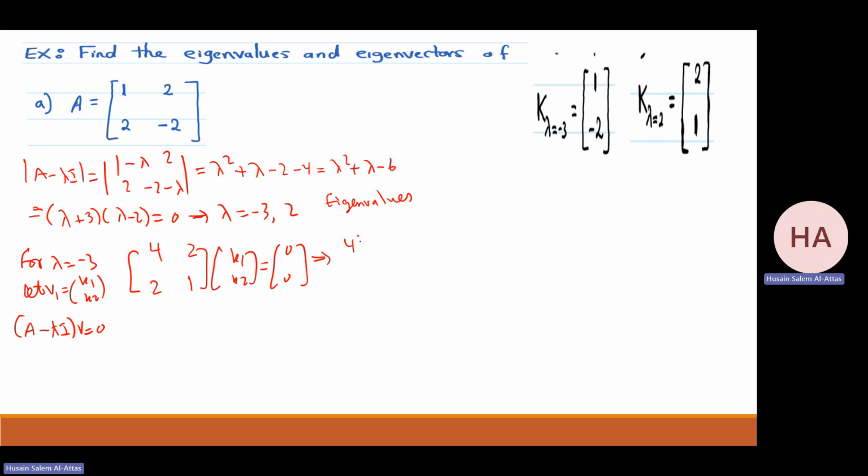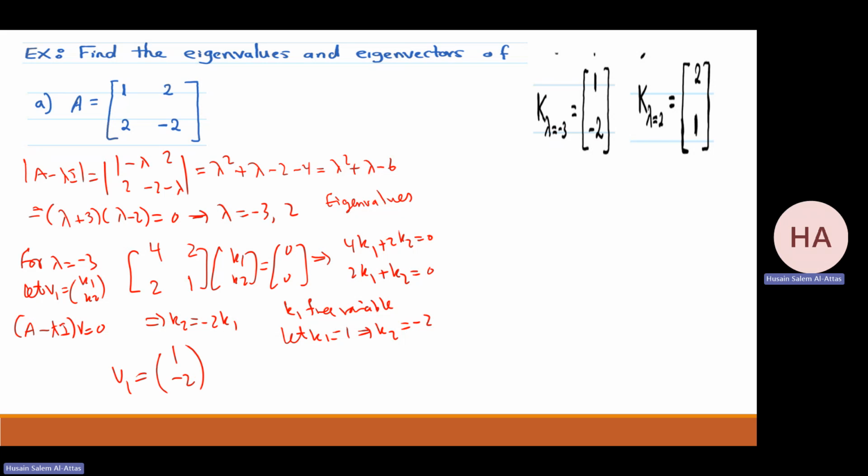So I have these two equations. Actually, they are only one equation: 2K1 plus K2 equals 0. Multiply the second one by 2, I'll get the first one. So I'm getting K2 equals minus 2K1. So K1 is a free variable. You can do it the other way, the way you like. So I let K1 equal 1, K2 will be minus 2. I need only the eigenvalues and eigenvectors. So I have 1 and minus 2. That will be V1.